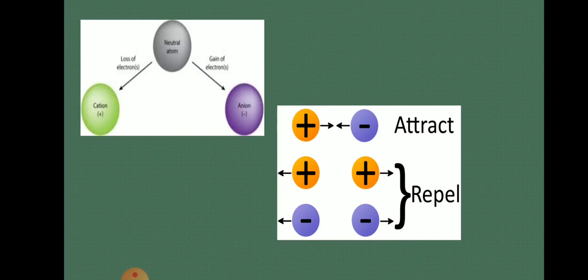When we rub a certain thing, some atoms lose electrons and some atoms gain electrons. The atom which gains more electrons will be negatively charged, and the atom which loses an electron gains a positive charge. And this is how charges are developed between two objects when we rub them against each other.